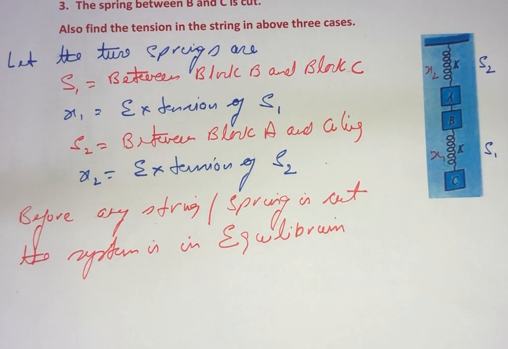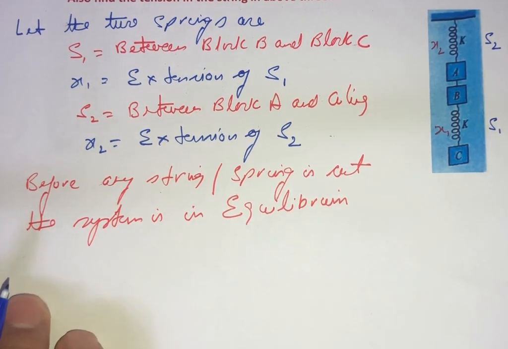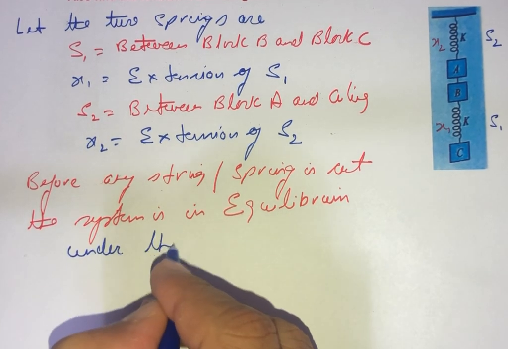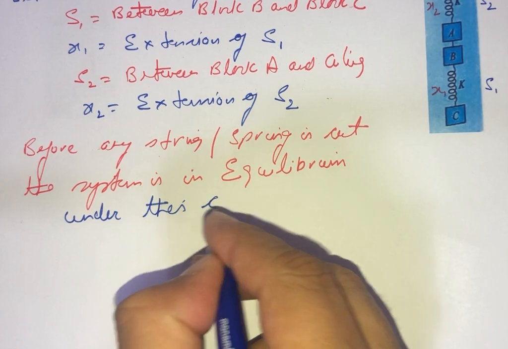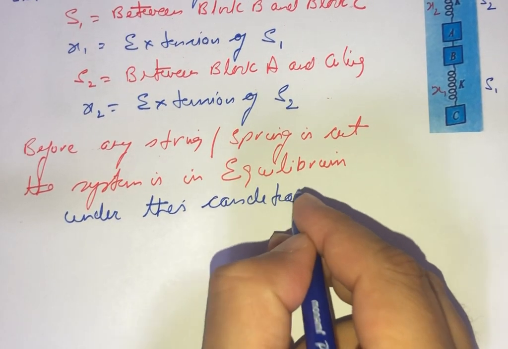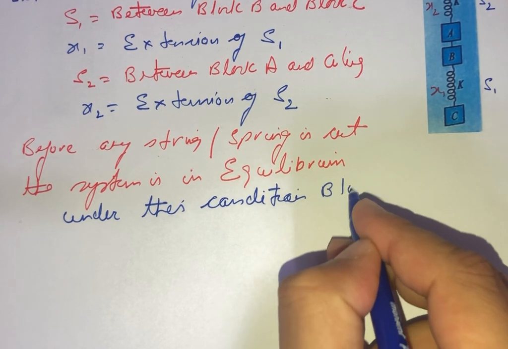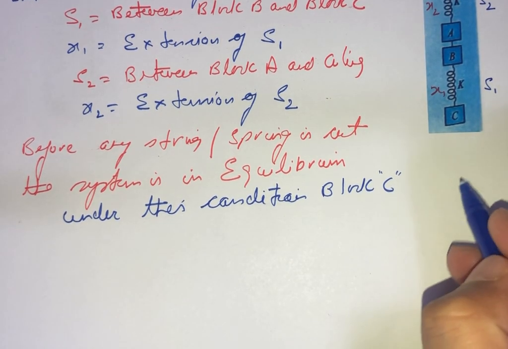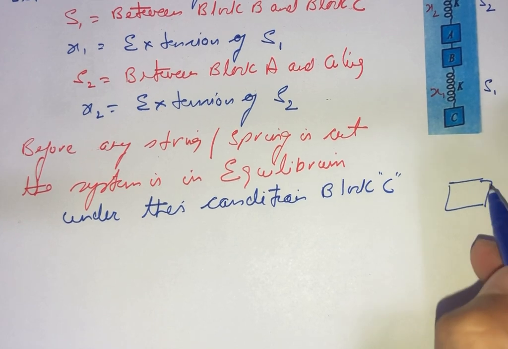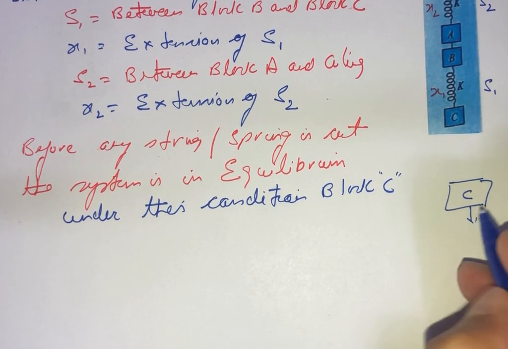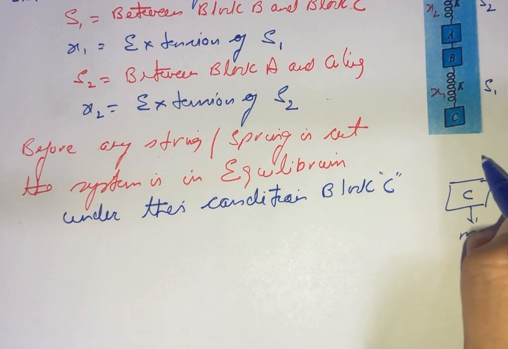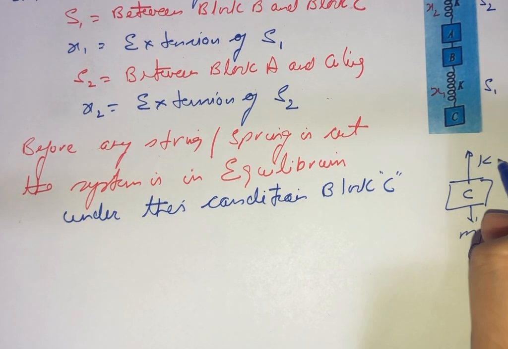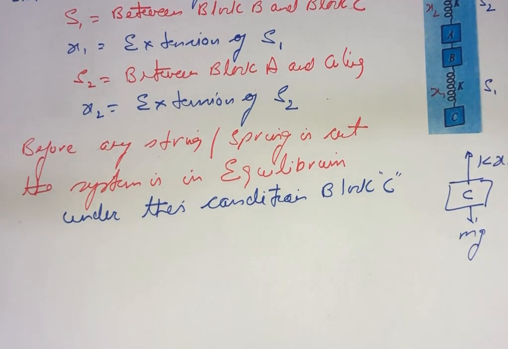So under this condition for block C, if we draw the body diagram for block C, you can clearly see that this is block C. Mass is given as m, so there will be mg in the downward direction, and there is a spring constant K, and x1, that is Fs, will be acting in the upward direction.